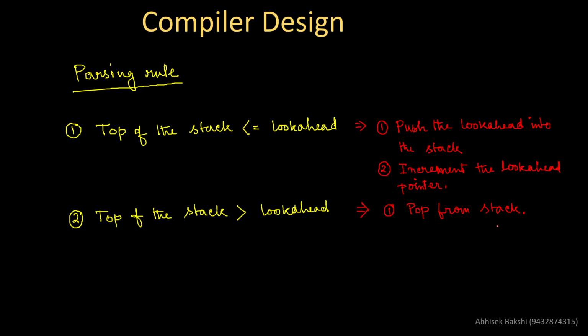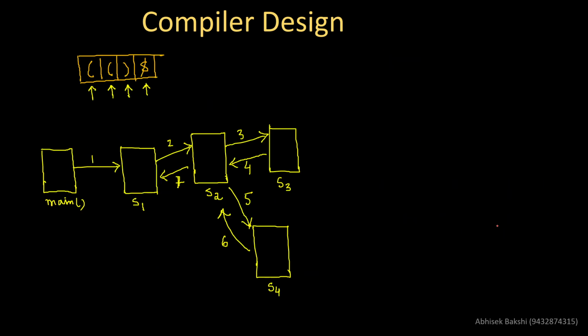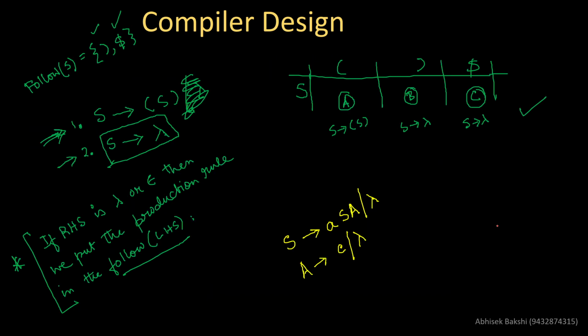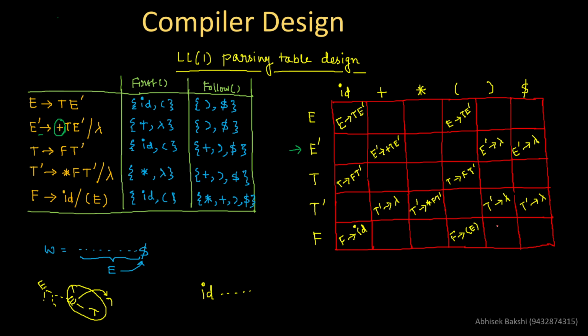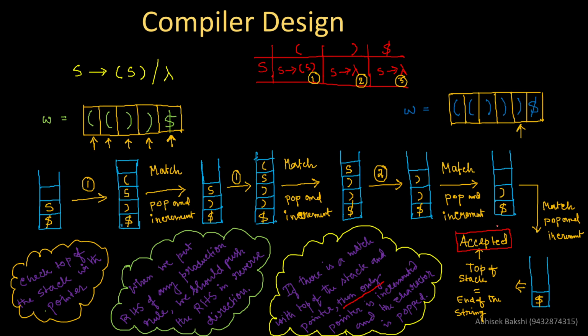Remember one thing, that we are now discussing a bottom up parser. In previous case, in case of LL1 parser, what have you seen? Through the LL1 parsing table, we have seen that we started here, and one by one we realized what the production rules are.